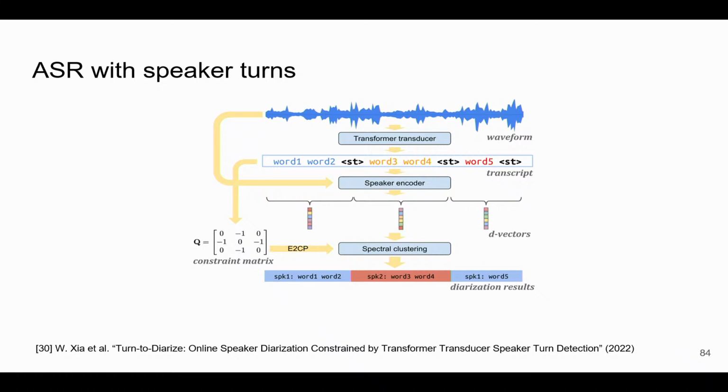You can have a mistake there, and you cannot recover if the change token is in the wrong place, but at least it doesn't kill the whole output, because you would still rely on the clustering to align things properly. The other one is maybe more of a proof of concept: it works to a certain extent, but it has these problems. This solves that by relying on the clustering.